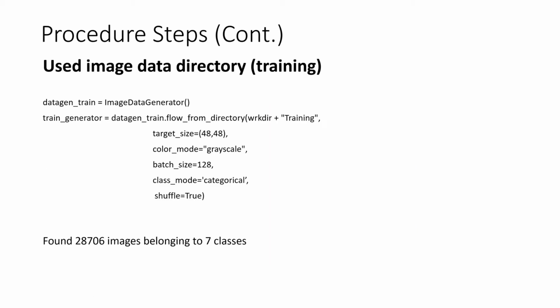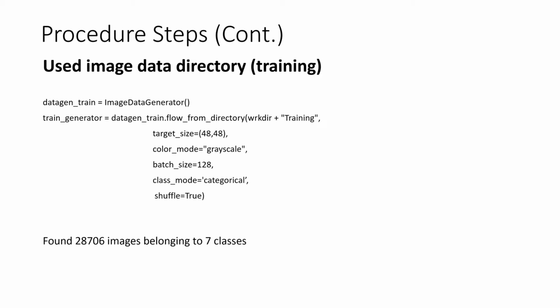And we have used image data directory, the data generators, because we want to feed our model with batches of images. Data generators are very useful when we have to feed our model with a continuous batch size.